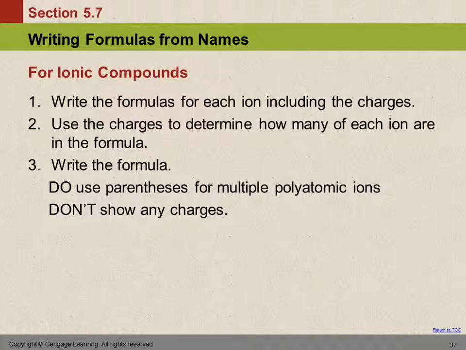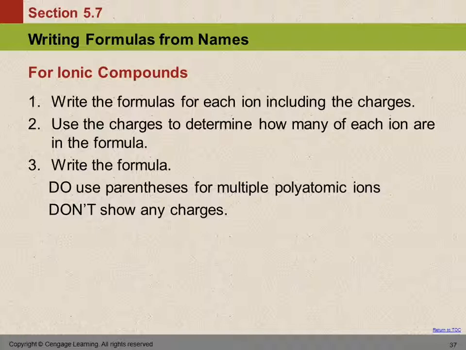We're going to use parentheses if we have multiple polyatomic ions. Remember, polyatomic means many atoms. So this is an ion that has more than one kind of element in it. When you have more than one of those, then you need parentheses.